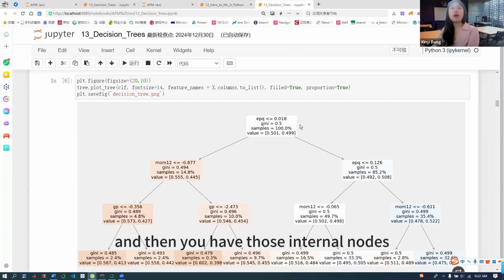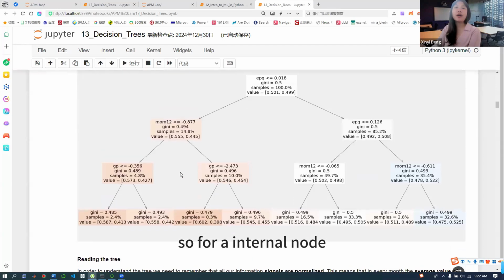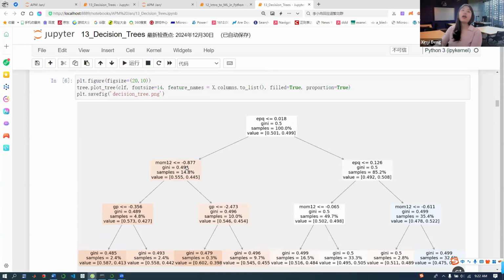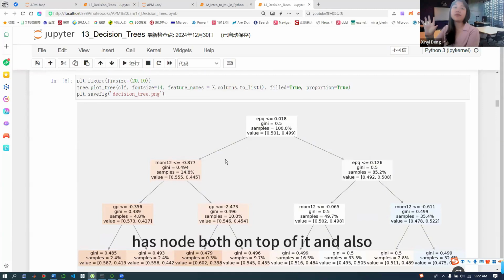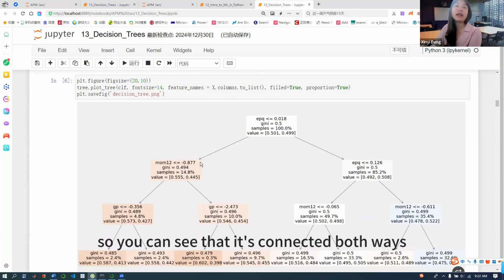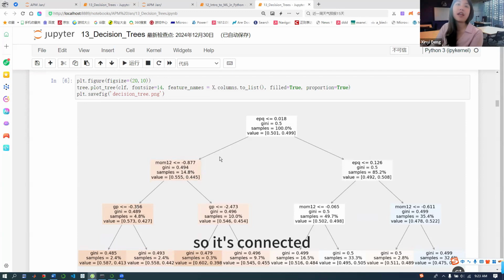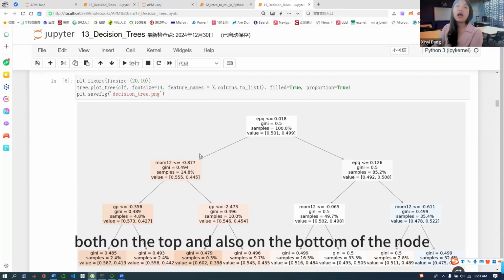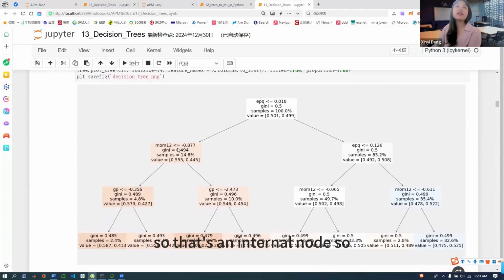It's just like the root of a tree. And then you have internal nodes. An internal node has nodes both on top of it and also located below it. You can see that it's connected both ways, both on the top and on the bottom of the node. That's an internal node.